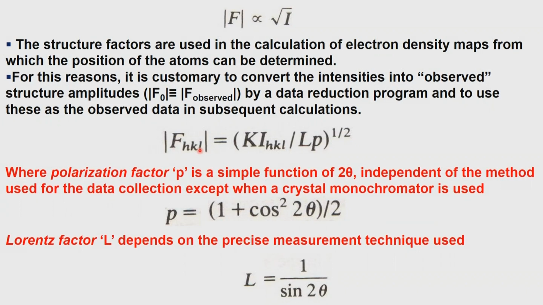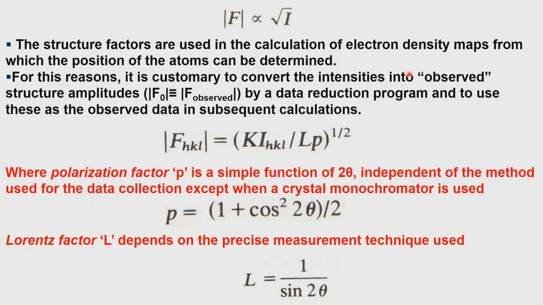So, the logic of this whole thing is that we have a crystal, and in the crystal we have electron density, and the electrons are distributed all over the place. Of course, they are atom centered, but for all practical purposes it is not the position of the atom which matters as far as the scattering overall is concerned. It essentially matters that we have the total number of electrons.